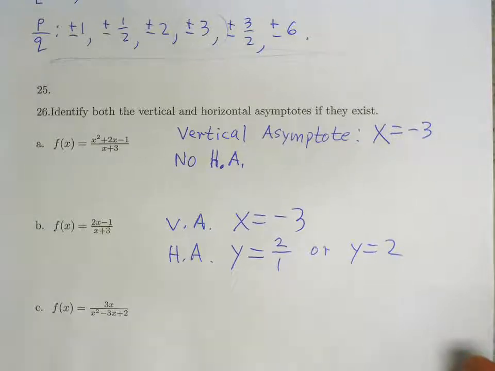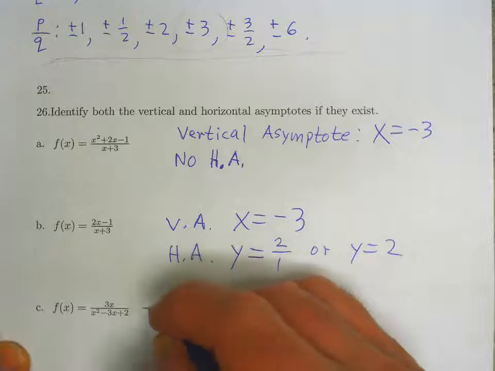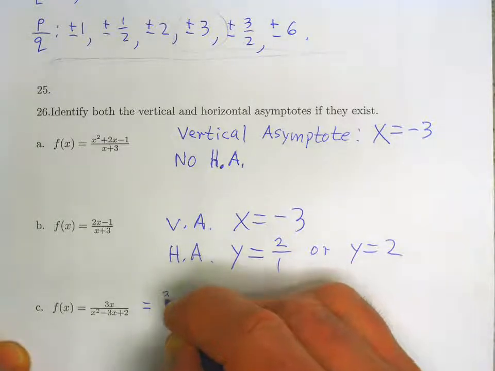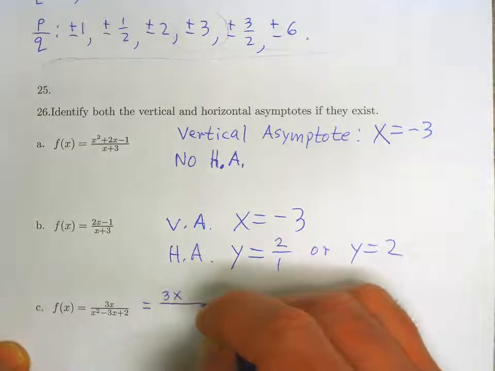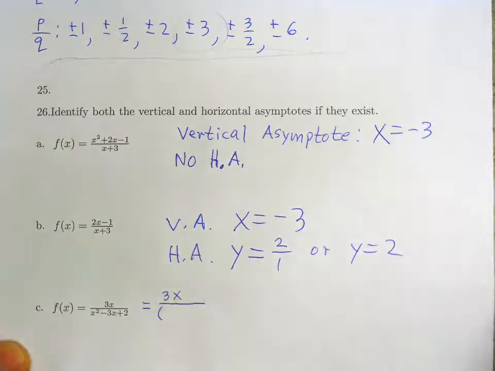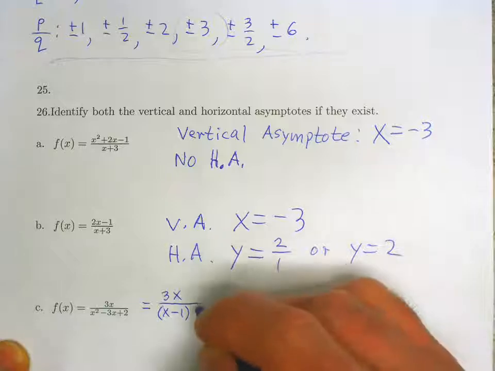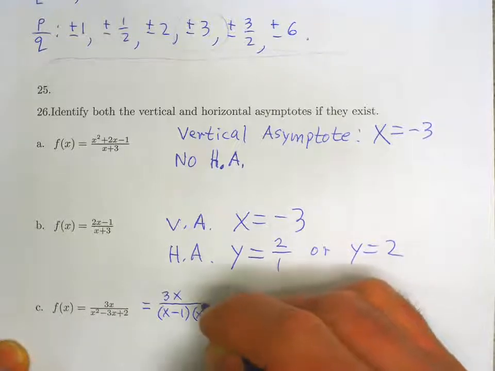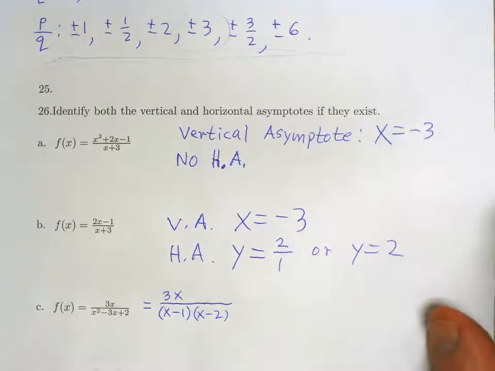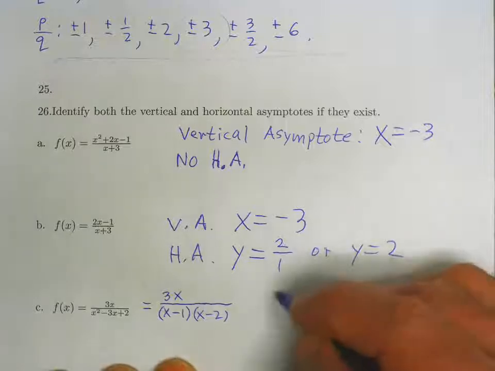Okay, in part C, f of x equals 3x over x squared minus 3x plus 2. We can easily factor the denominator, so we'll do that before we identify the asymptotes. Okay, there are 2 vertical asymptotes.